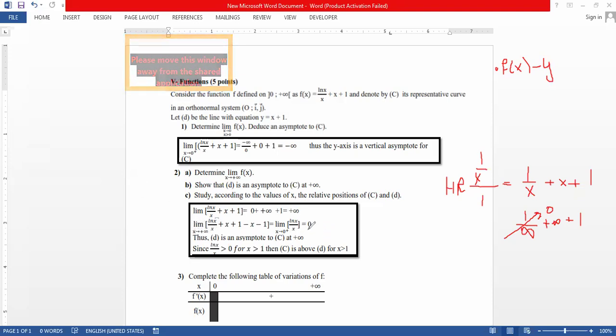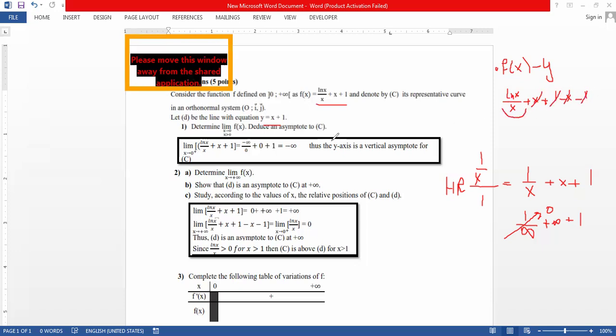It should be 0. So f of x here minus the oblique asymptote: ln x over x plus 1, this is the function, minus x minus 1. So plus x minus x, plus 1 minus 1.